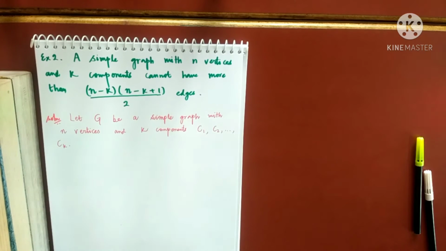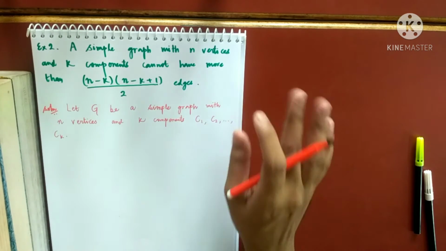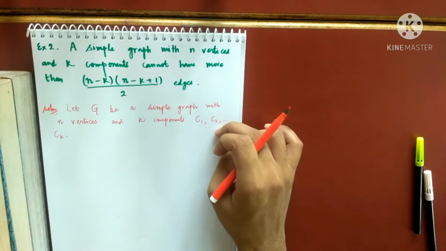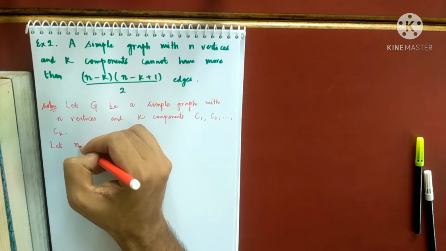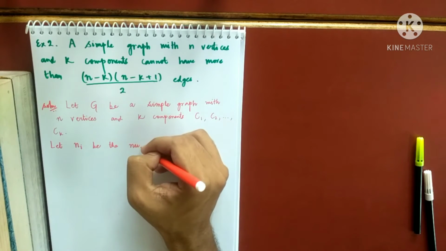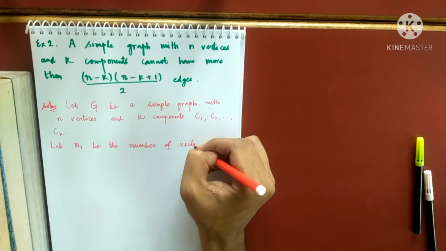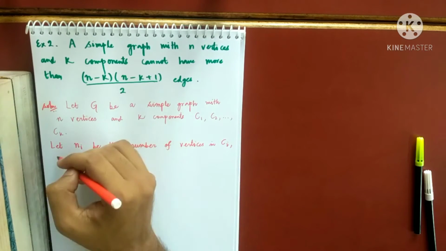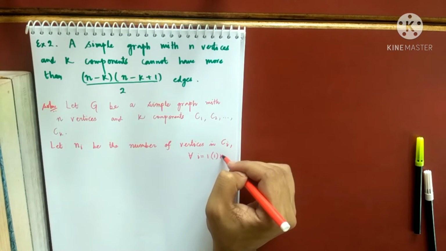Now let's count the number of vertices in each component. Let's call the number of vertices in C1 n1, the number of vertices in C2 n2, and so on. So let ni be the number of vertices in Ci for all i running from 1 incrementing by 1 up to k.